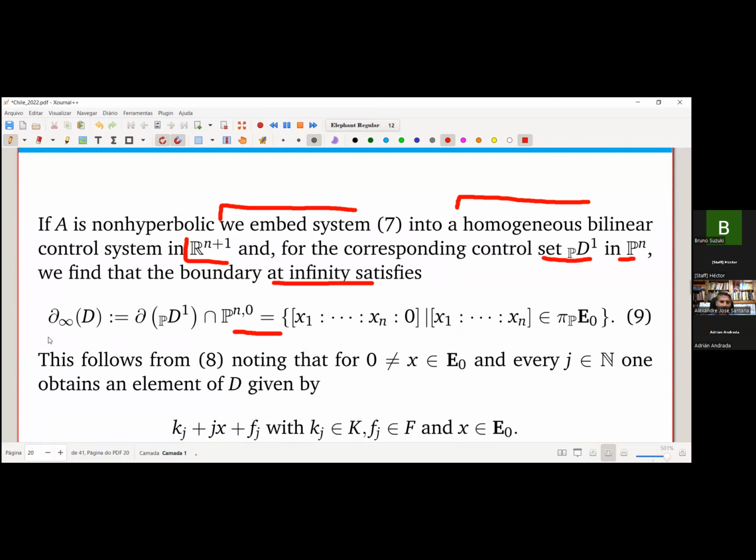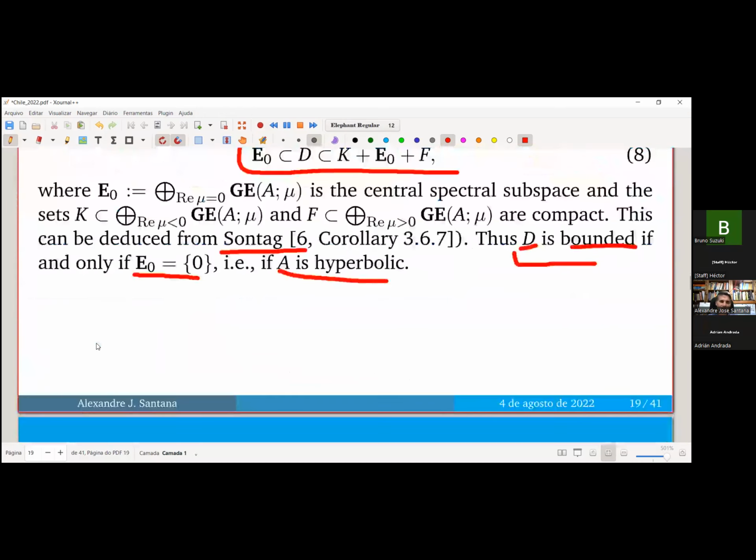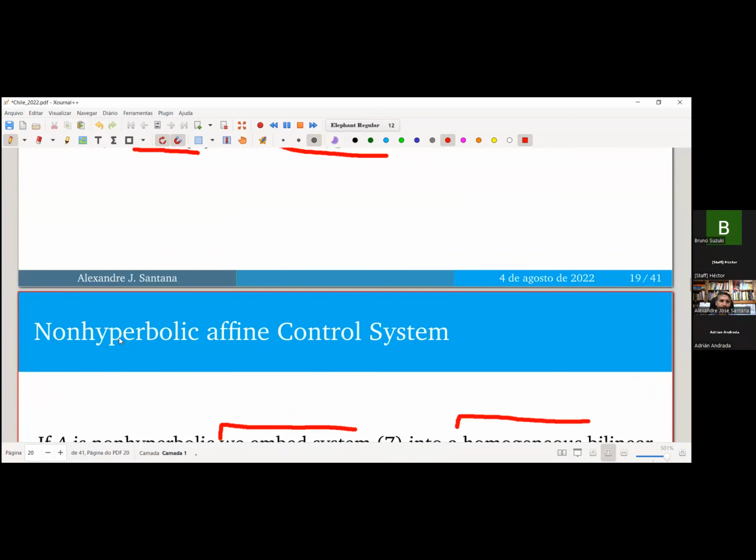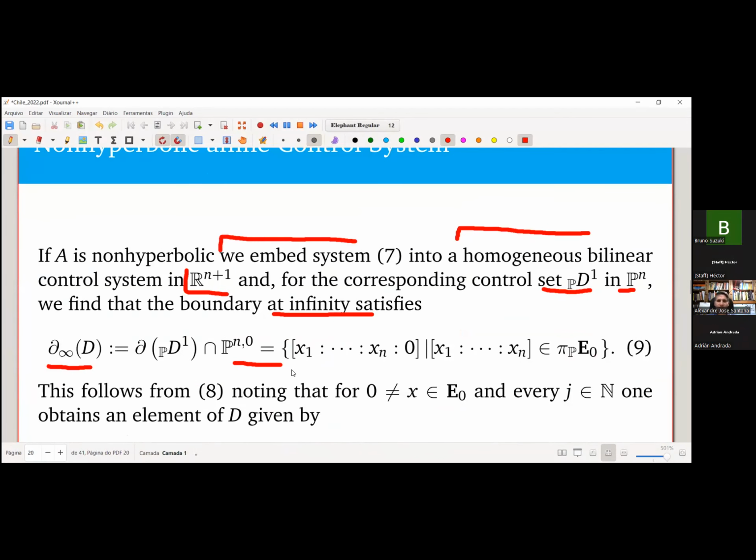What this means is that the behavior of this control set at infinity is given by just an element of the plane, the zero plane, the plane parallel with x1, x2, xn in the origin.